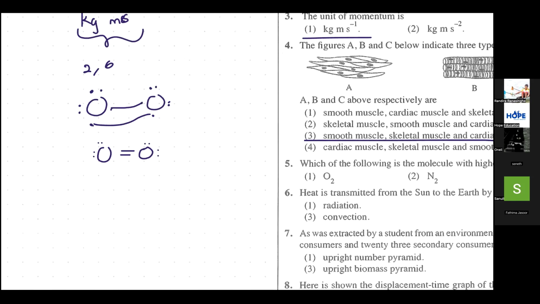What about the nitrogen molecule? How many covalent bonds are there in the nitrogen molecule? Quickly tell. Can you all hear me?